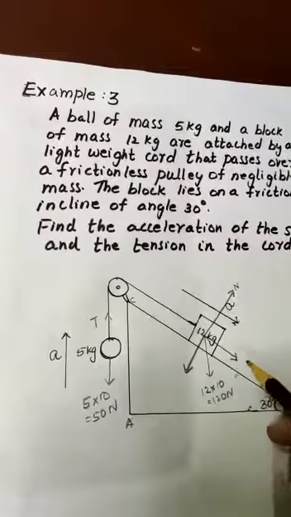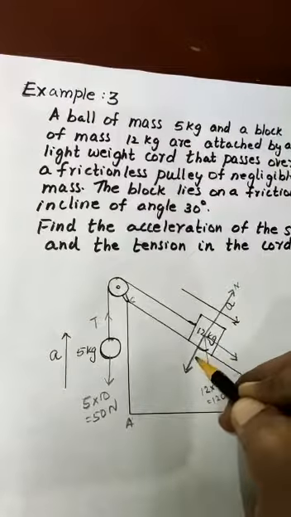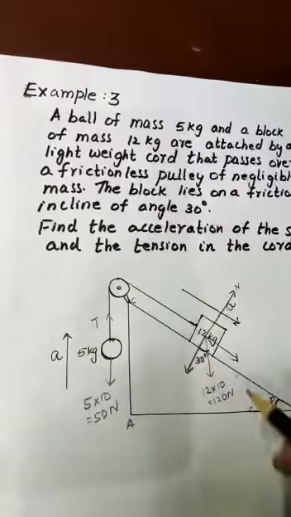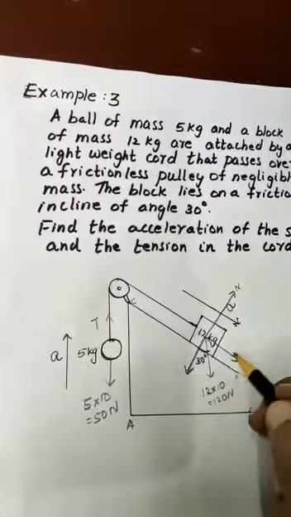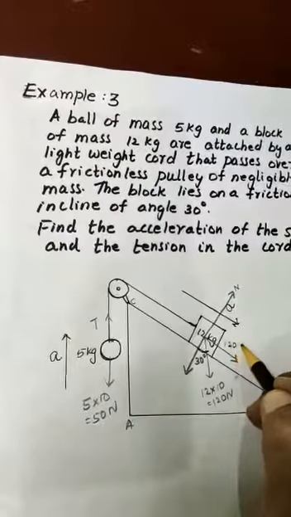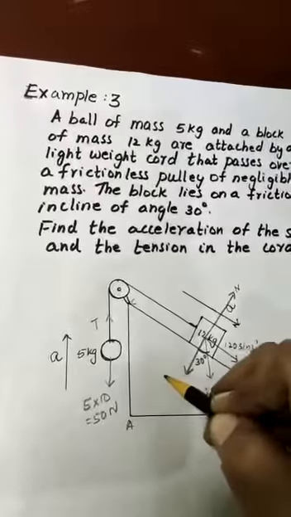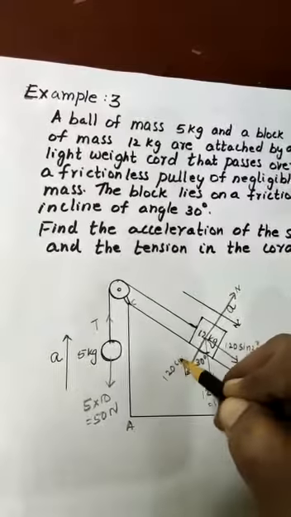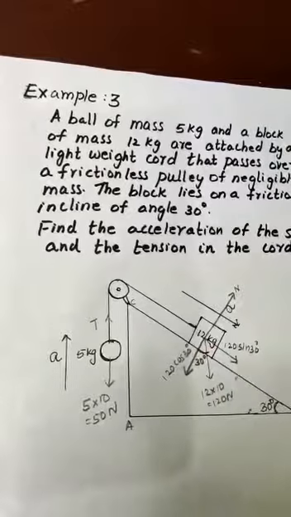This angle is 30 degrees, so here this angle is also 30 degrees. So this is mg, mg is 120. So it is 120 sin 30 in this direction and 120 cos 30 in this direction. So these are the components.